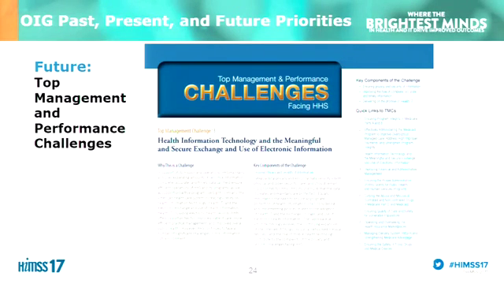The next section is the key components to the challenge. This is where we discuss specific vulnerabilities that we've identified or that we anticipate seeing, to the extent we're talking about new programs. For this TMC, we have three key components. The first one is ensuring privacy and security of information. HHS has to protect its own data and also consider data privacy and security when implementing policies regarding health IT and electronic information that impacts the regulated industry.